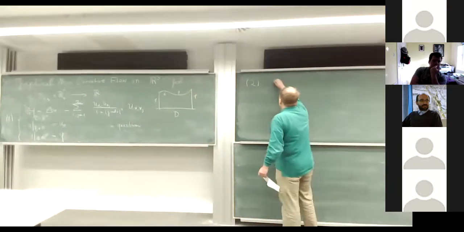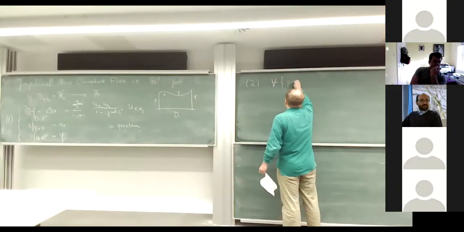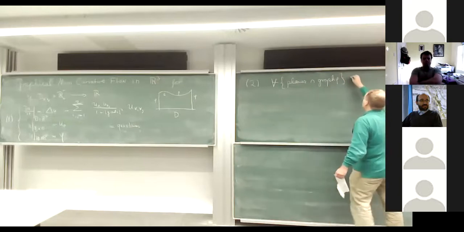Namely, assume that for all planes in the graph space in R3 that intersect the loop, the graph of phi, in 3 points.